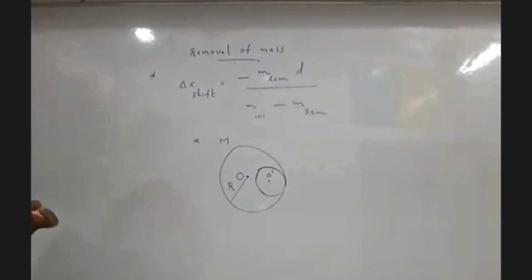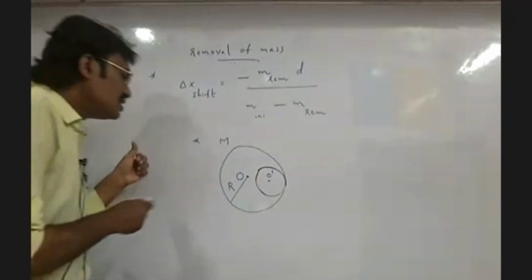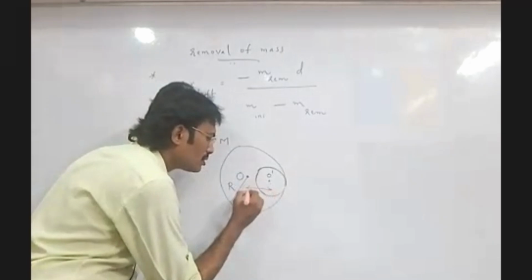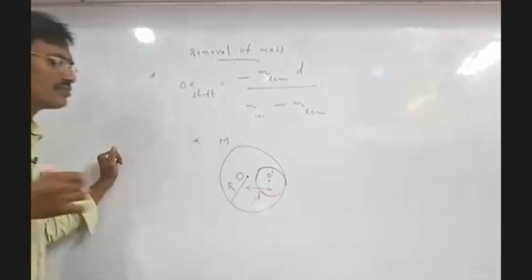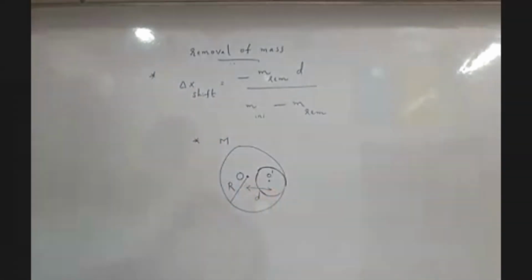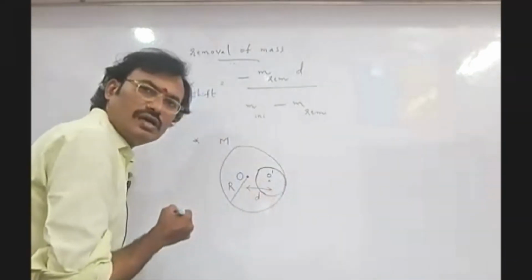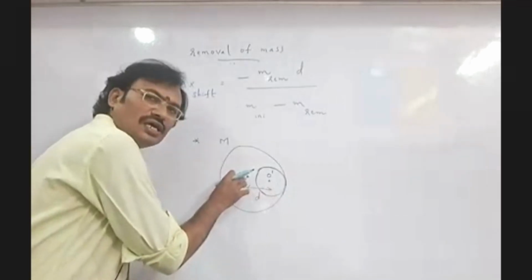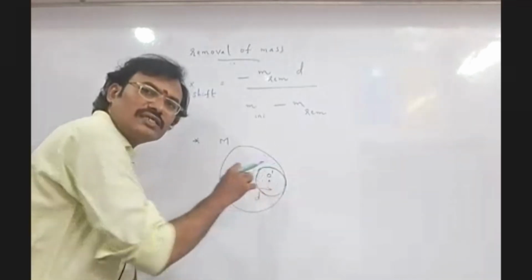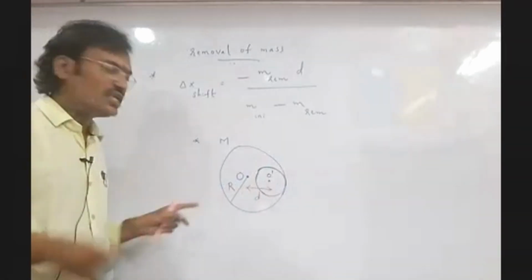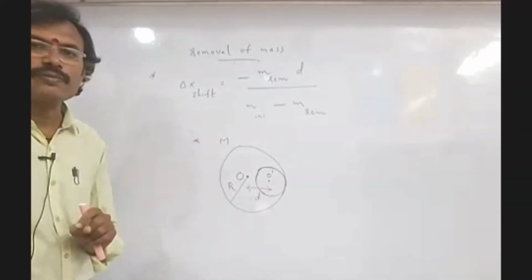The distance between O and O dash is d. Are you getting what I'm saying here? O is the center of mass of the initial mass, and O dash is the center of mass of the removed mass. The distance between these two centers of mass is small d.